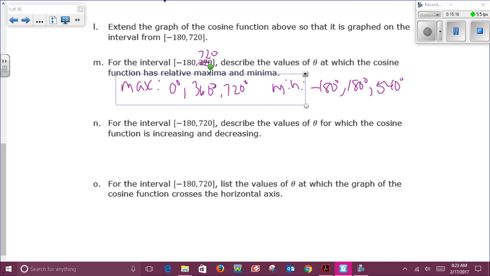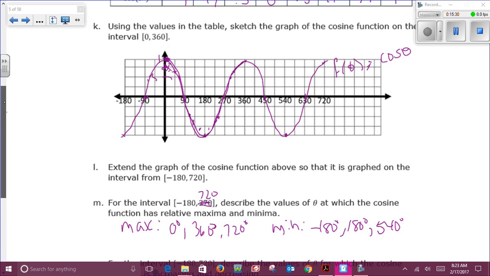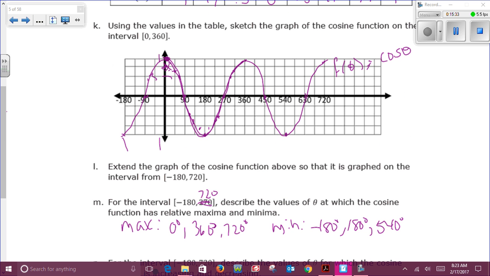For the interval, describe the values for theta for which the cosine function is increasing and decreasing. Well, this is just like the other graph. So we're looking at our graph when it goes from left to right. When is it increasing? From here to here, it's increasing. From here to here, it's increasing. And from here to here, it's increasing.